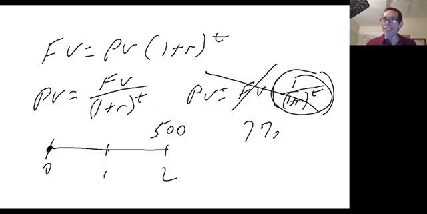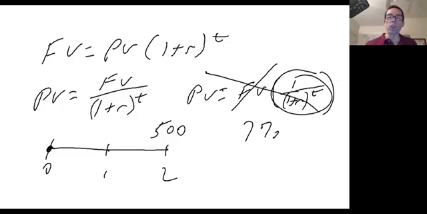Well, that's finding the present value of $500 to be received 2 years from now when we have annual compounding at a rate of 7%. Sometimes it's called the discounted value, and the 7% might be called the discount rate. You'll hear that term referred to a lot. Whenever you hear the term discounting, it's taking something from the future and finding out what the present value is.